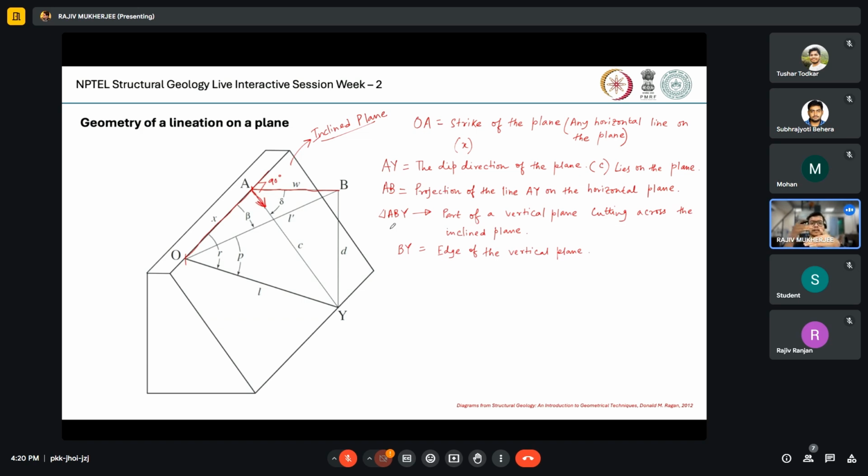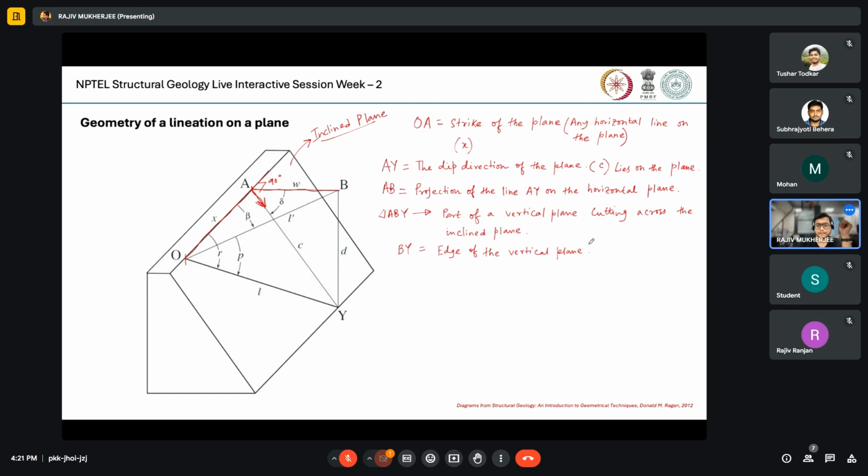To measure this angle, you need a vertical wall between the horizontal plane and this inclined plane to project these two planes and see their intersection to get the angle. So that is the concept of having this vertical plane that is cutting across, right? So, the edge of the vertical plane.